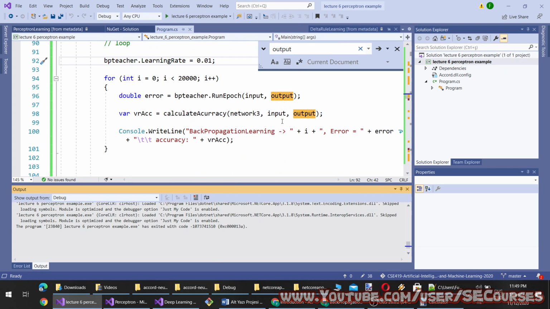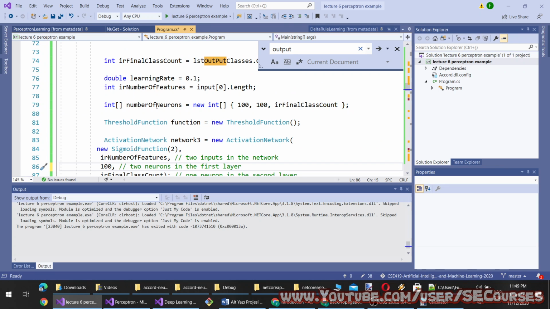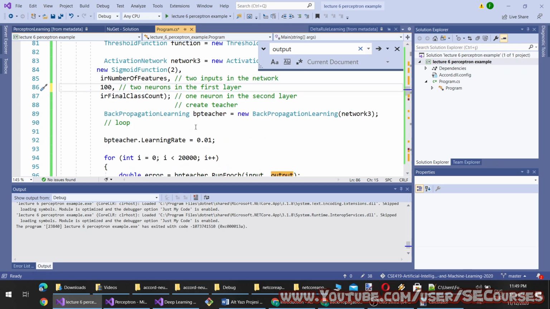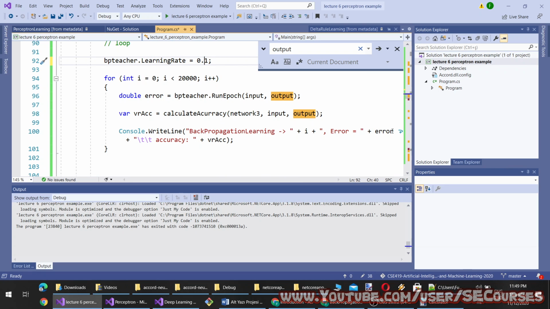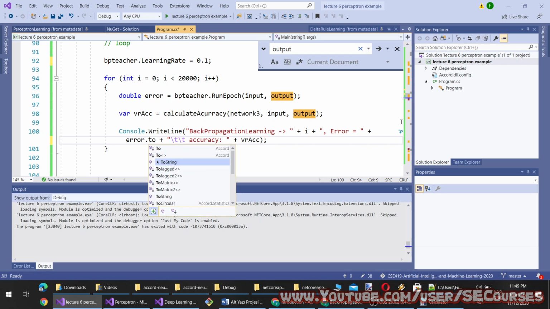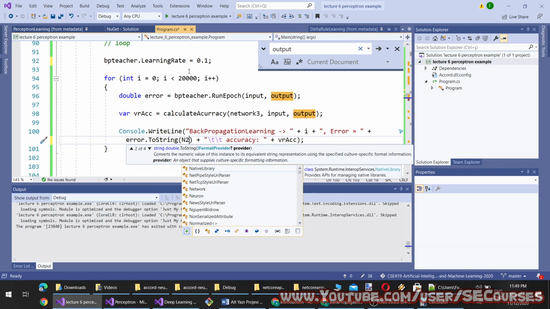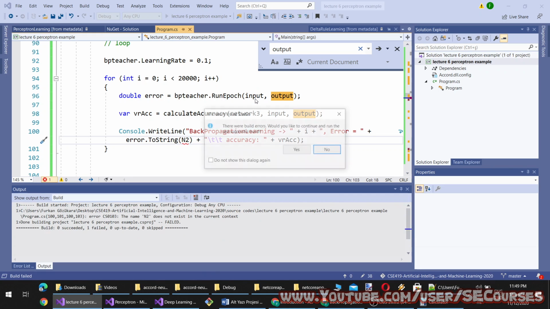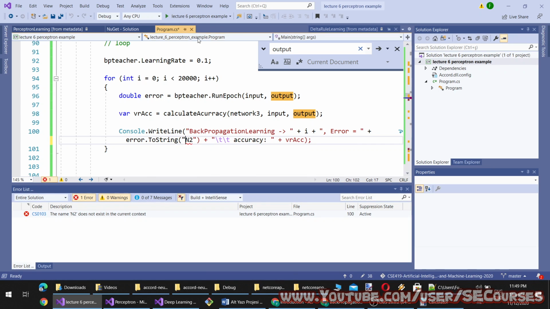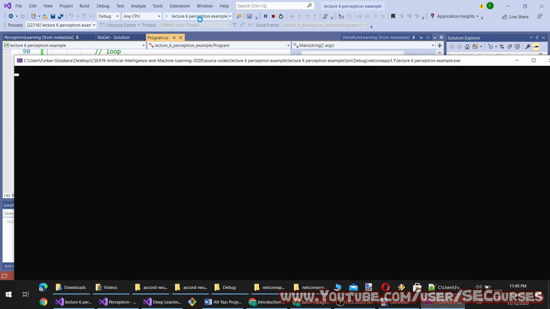I think I'm going to change something more. Let's make this 0.1 and let's write the error as and 2. And 2 means shows only 2 decimals.